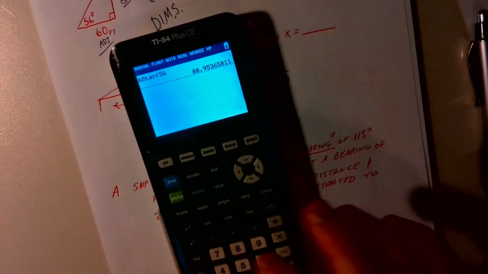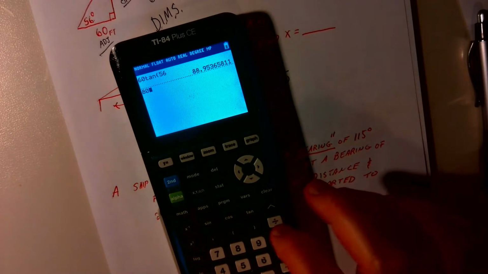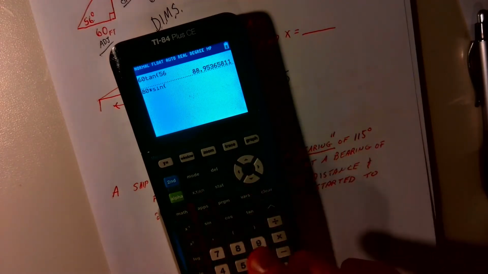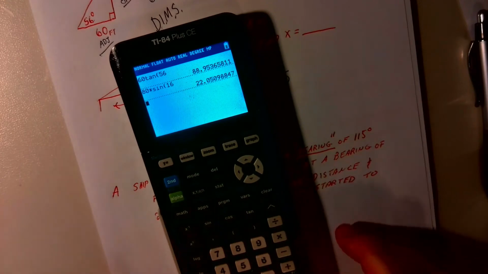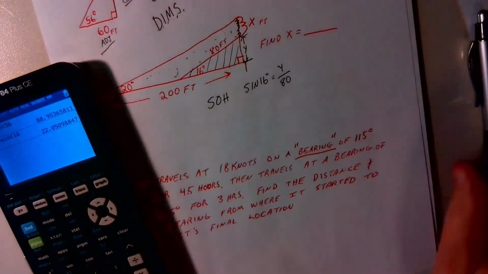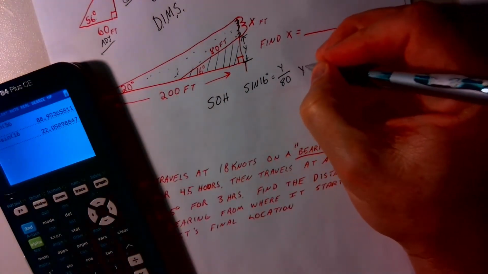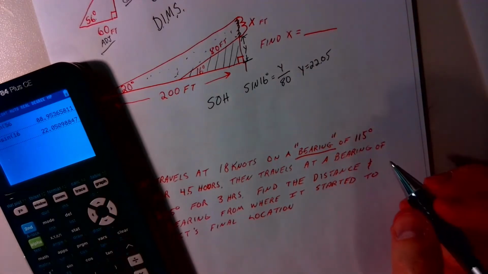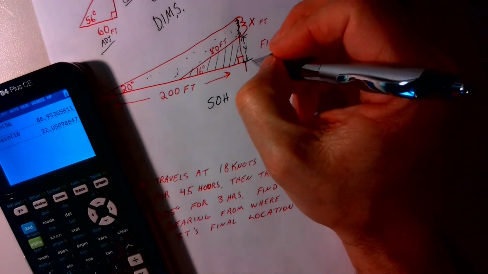I know that I have to multiply by 80, so I'm going to do 80 times the sine of 16 degrees, and I get 22.05. So y equals 22.05.